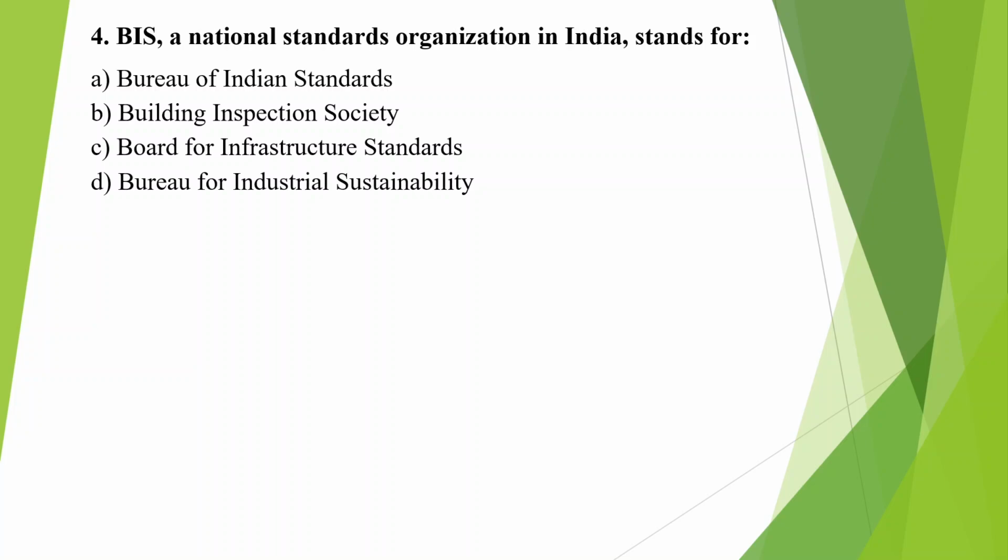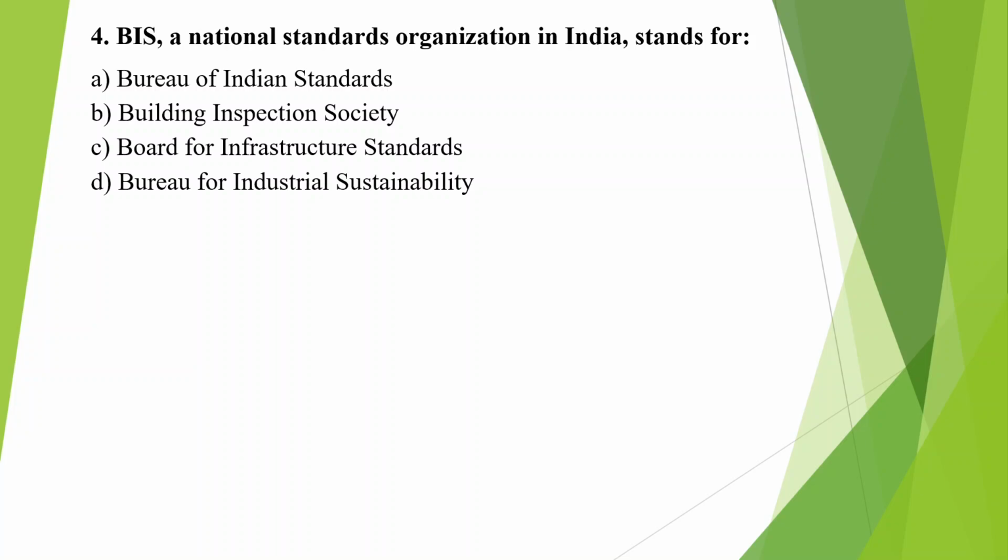Out of that only, you have to choose the correct answer. It would have been easier to ask you directly for the full form of BIS, and then you would have to mention the full form of BIS in the chat box. Then you will have to recall. It would have been difficult for your end also. But it's easy for you to recall and choose the most appropriate answer out of the four options.